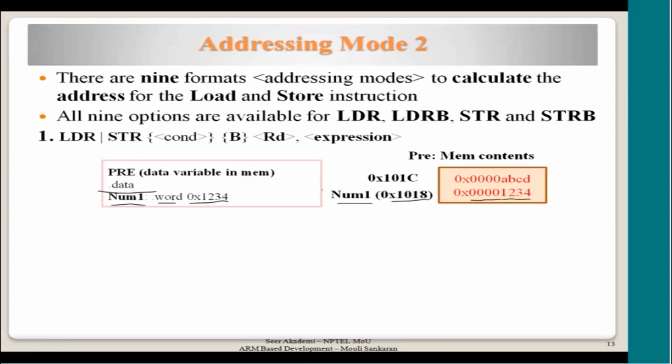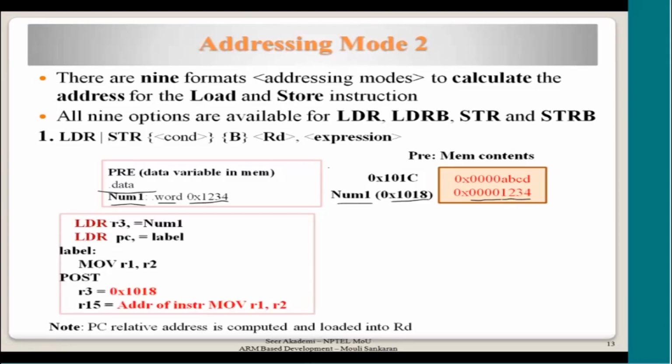Now I am having an instruction called LDR, same load, R3 equal to num1. If I give this particular instruction, what am I trying to do here? When I am declaring a variable num1, if I want to use that in my register inside my program, I will not be able to use it until I know the address where it is stored.